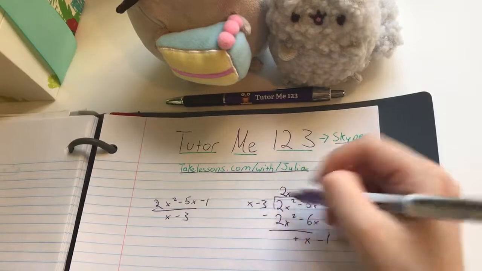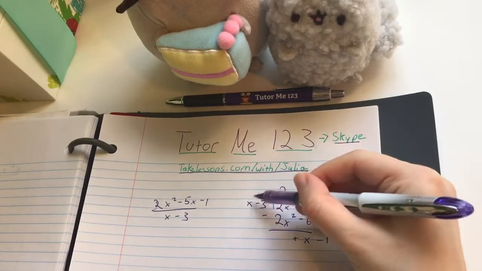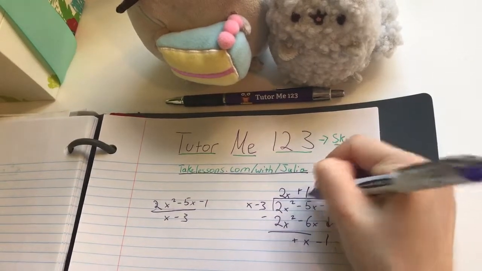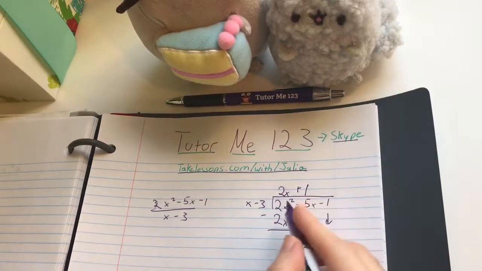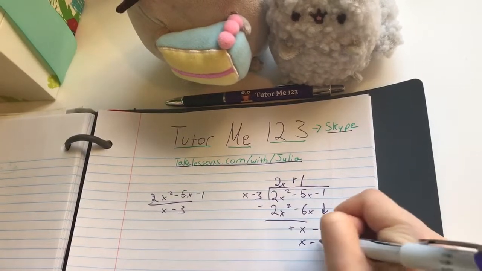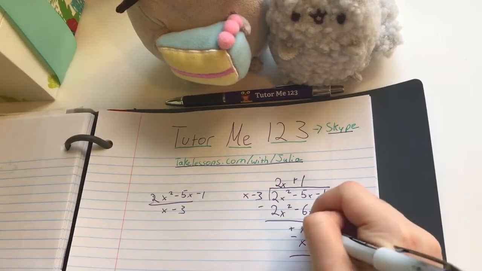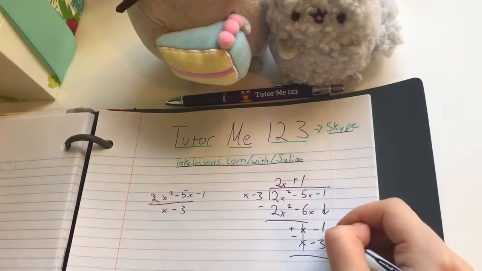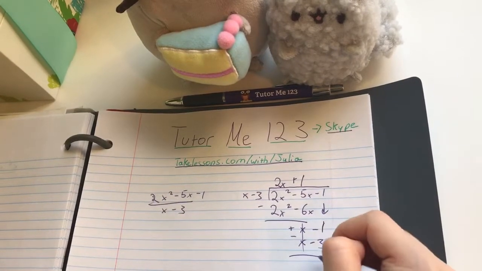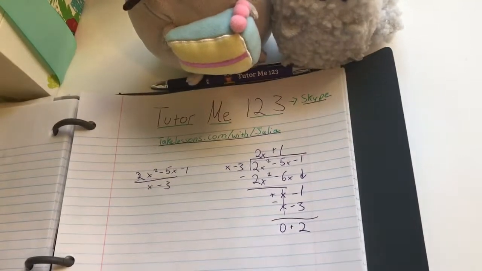Since they both have a degree of 1, meaning this is x to the power of 1, we multiply it by 1, in which case we get x minus 3, and that gets rid of our x's. We are left with negative 1 minus negative 3, and that gives us positive 2. Can put a 0 in there as well.